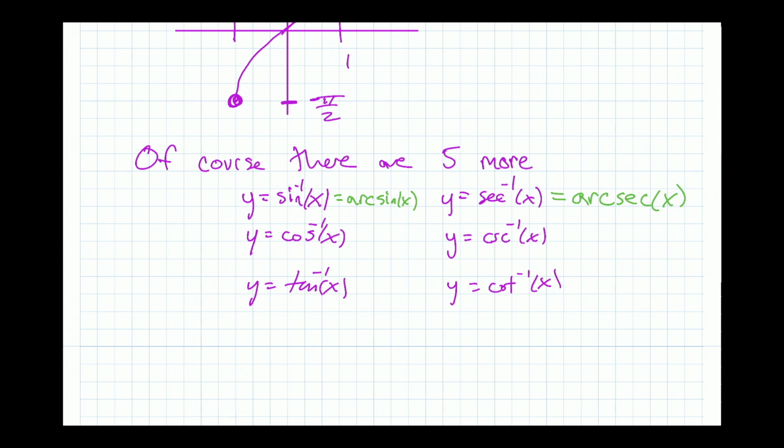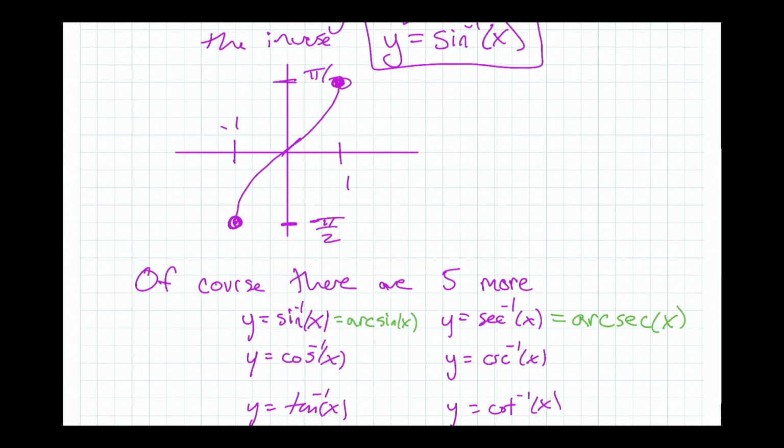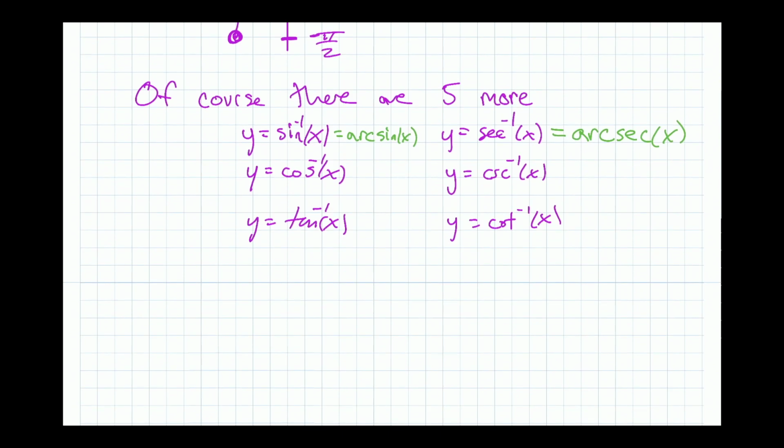So they all could be referred to in 2 different ways. So we have 6 inverse trig functions. They all have restricted domains. They're not all negative pi to pi or negative 1 to 1 for the inverse function, but they all have a limited domain. So how do we find derivatives though?